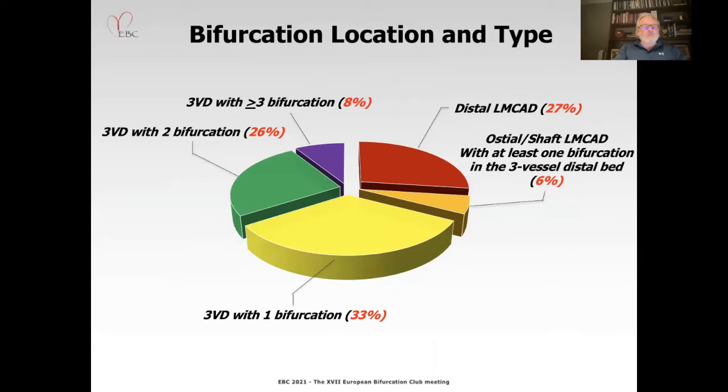In the distal left main in 27%, and 6% of the ostial and left main shaft has also at least one bifurcation in the distal bed of the 3-vessel disease. In patients with 3-vessel disease, 33% have 1 bifurcation, 26% 2 bifurcations, and 8% more than 3 bifurcations.